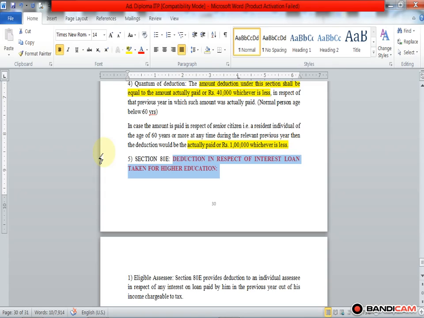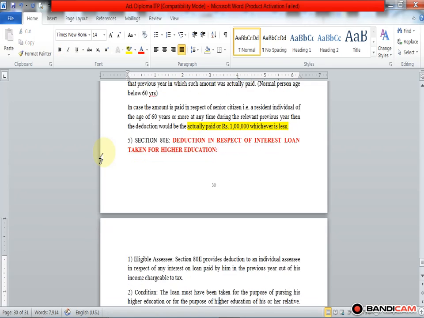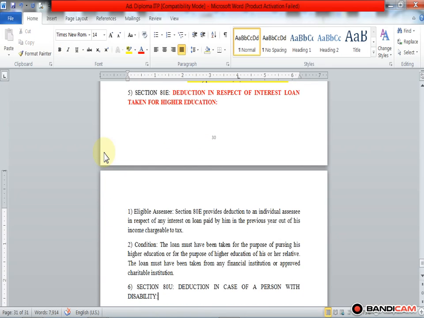So the allowable deduction in respect of interest on loan is given here. Section 80E provides deduction to an individual assessee in respect of any interest on loan paid by him in the previous year out of his income chargeable to tax.